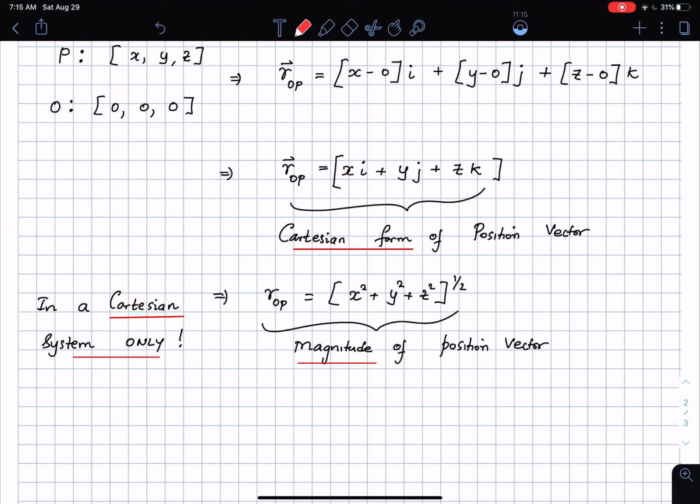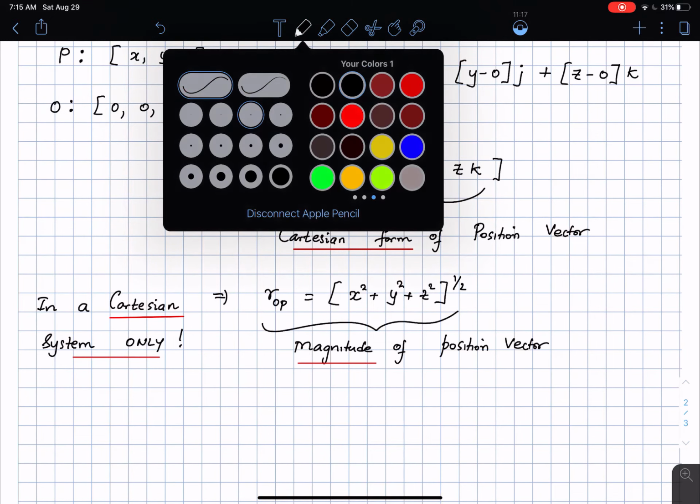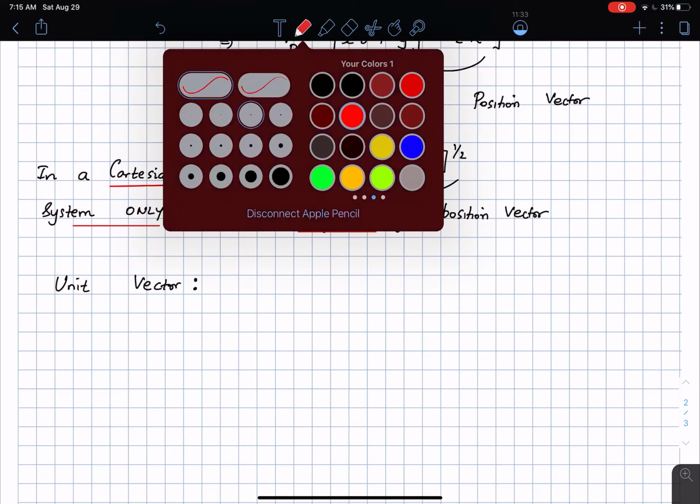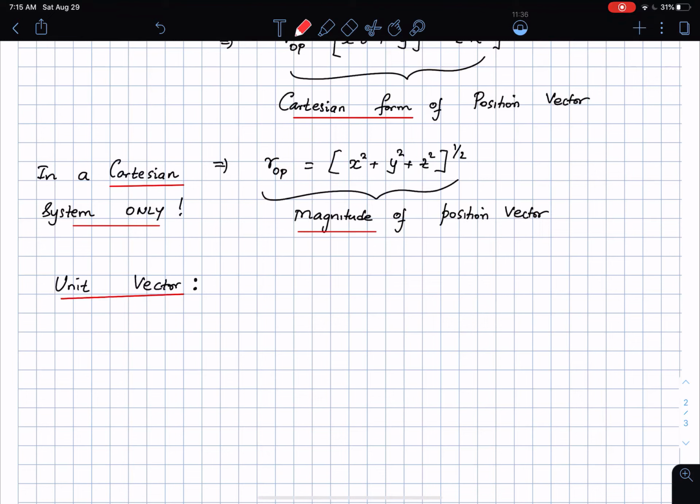All right, now we define the last thing for this particular concept, the unit vector. I'm going to be defining it along the direction of a vector, say ROP. So if I need the unit vector along the direction of any vector, here is what I do.